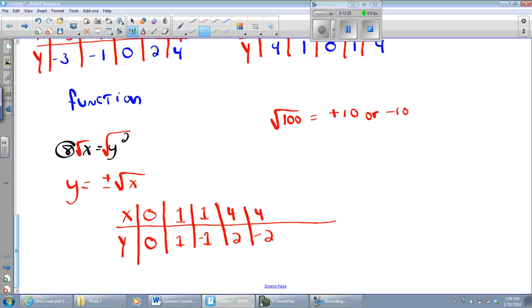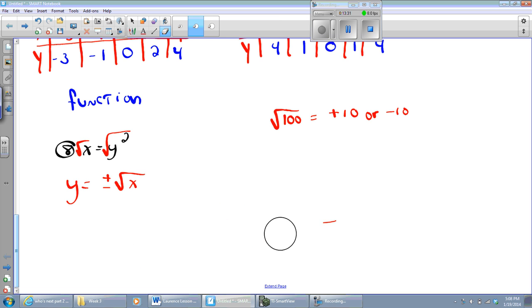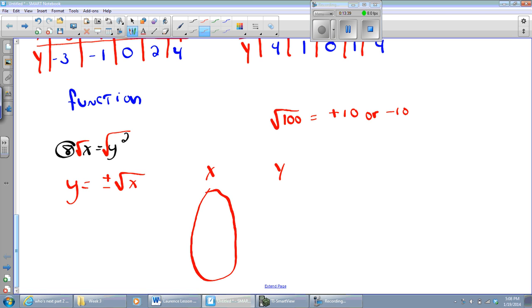So this input-output table looks really strange. Maybe instead of doing it that way, I want to do it like this. Let's go x and y. And I won't be able to show all the possibilities, but I put 0 in, I put 1 in, I'm going to put 4 in. And let me see, 0 mapped to 0, didn't it?